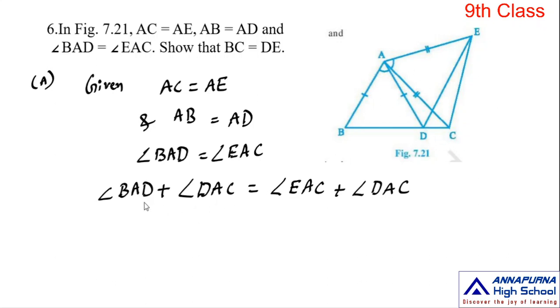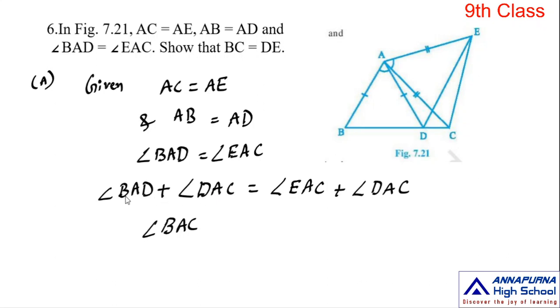See the figure. Angle BAD plus angle DAC is equal to angle BAC. Angle BAC can be written in the form of angle BAD plus angle DAC.